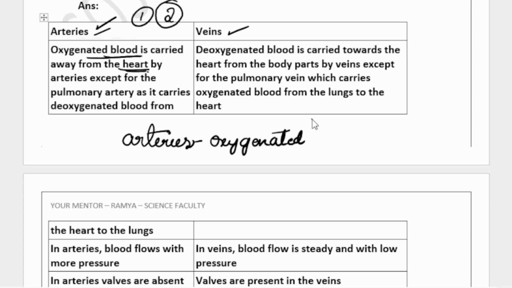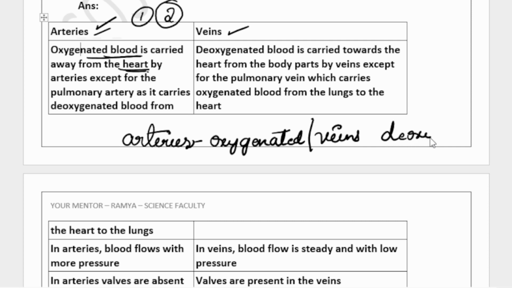Similarly, all the veins carry deoxygenated blood. But the only artery which carries deoxygenated blood is the pulmonary artery.